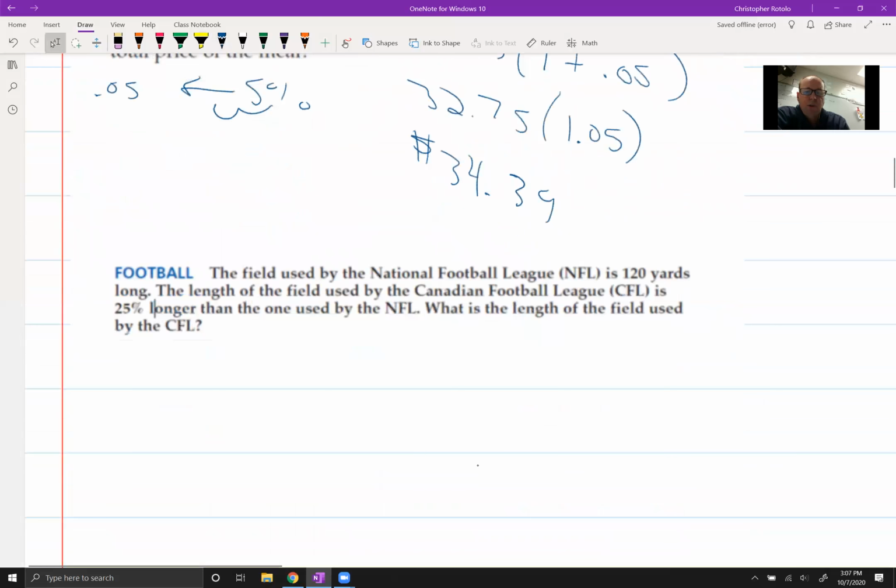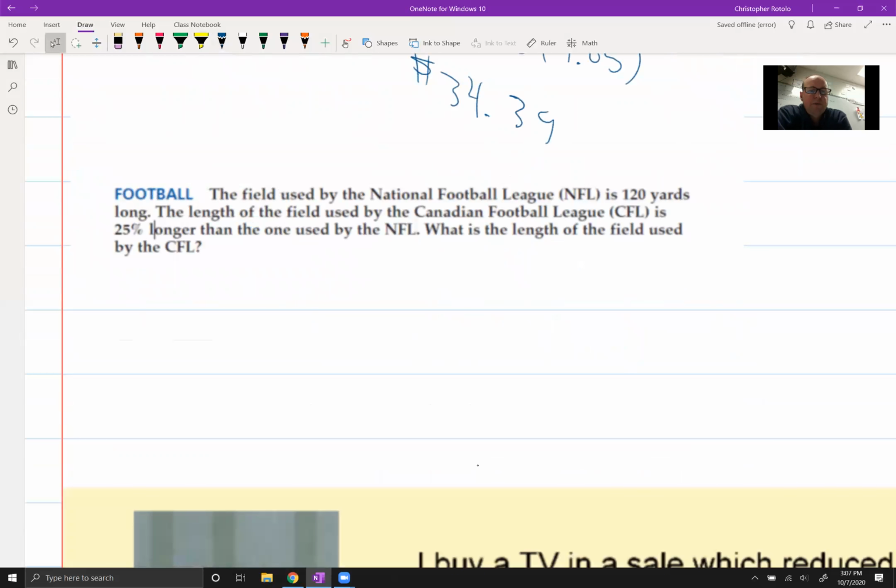All right, football. The football field used by the National Football League, the NFL, what we normally see on TV here, is 120 yards because the end zones are 10 apiece. All right, the length of the field used by the Canadian Football League, lots of action. Okay, it's 25% longer than the 120 yards. Okay, so that means it is the 120 plus 25%.